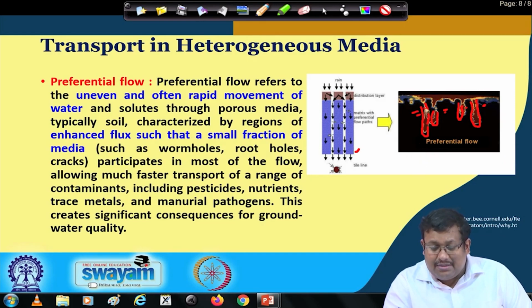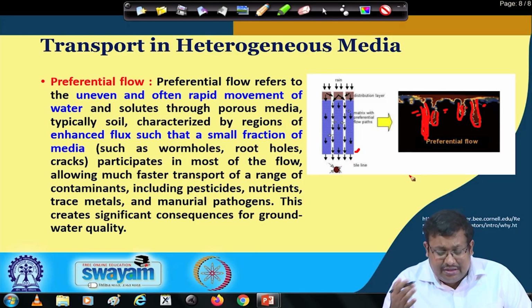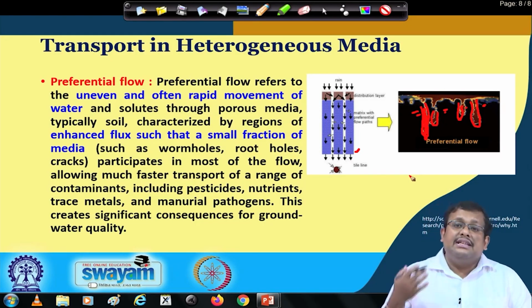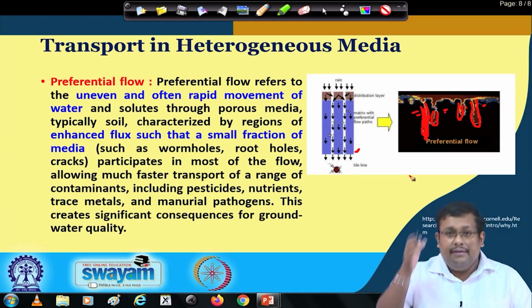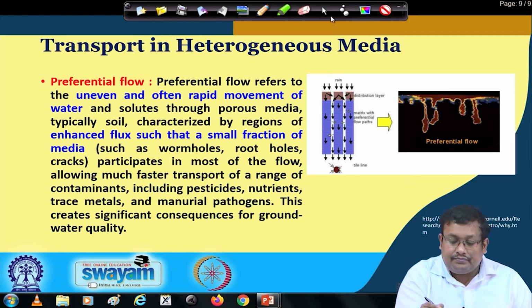So, they participate in most of this preferential flow, giving much faster transport of contaminants including pesticides, nutrients, trace metals and manurial pathogens, and it has a significant consequence in pollutant transfer.